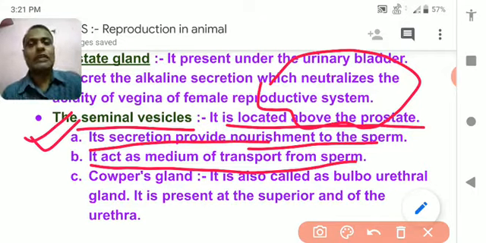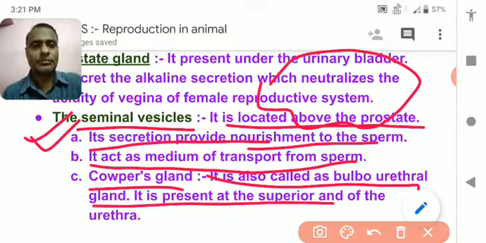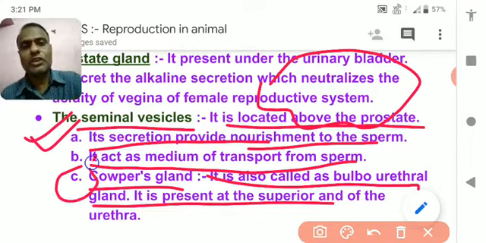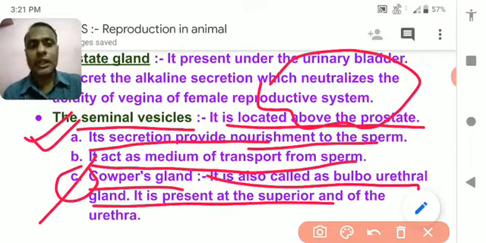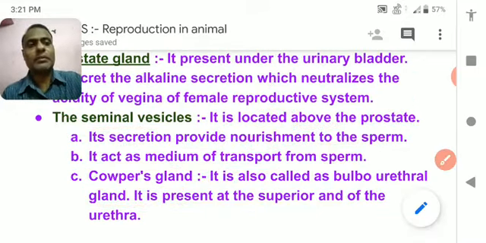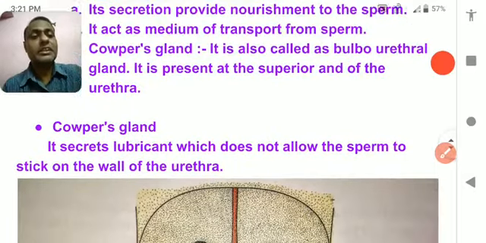Understood? And now the third is Cowper's gland. Sorry, the marking is wrong over here. The third gland is Cowper's gland. It is also called the bulbourethral gland. It is present at the superior of the urethra, meaning at the top of the urethra. What is the function of the bulbourethral gland or Cowper's gland? It secretes lubricant.